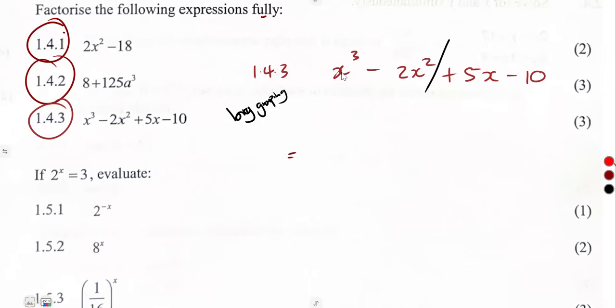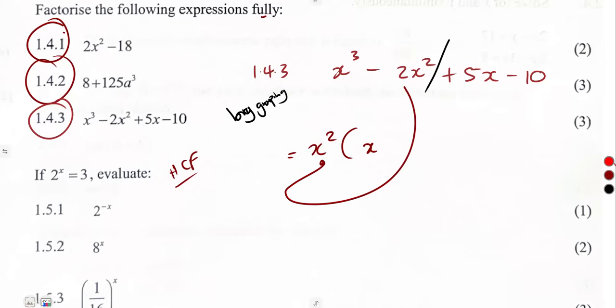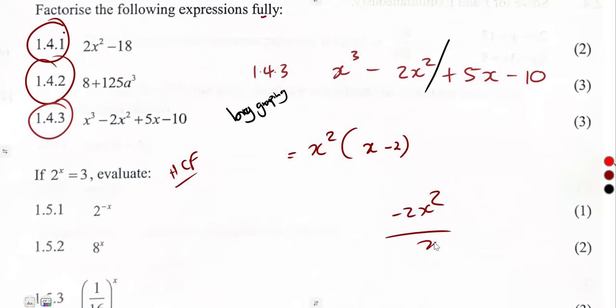Yes, for the first 2 terms, x squared is the highest common factor. So you're going to factor out x squared. So you're going to have x cubed divided by x squared, which is x. Minus 2x squared divided by x squared is going to give us minus 2. The x squared over x squared is going to cancel, so you remain with negative 2.